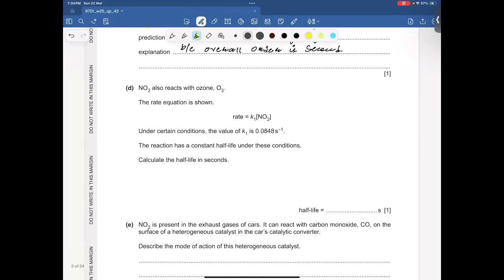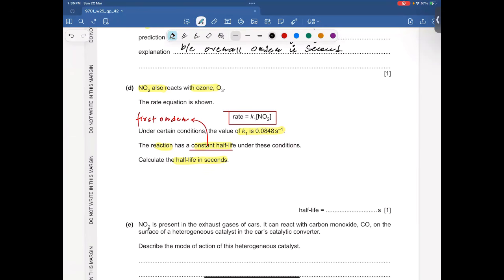Ozone and NO2 also react together. The rate equation is given, and with respect to NO2 here is first order. Under certain conditions, the value of the rate constant is given. The reaction has a constant half-life, which means it is first order. Calculate the half-life in seconds.